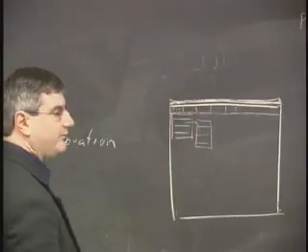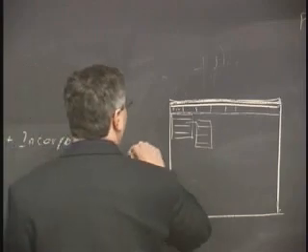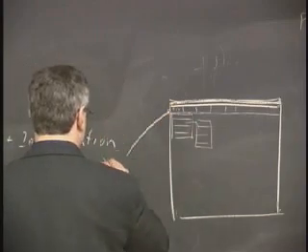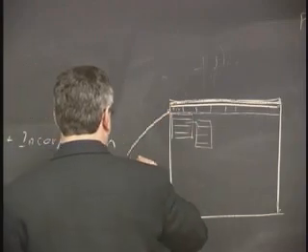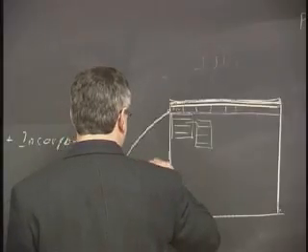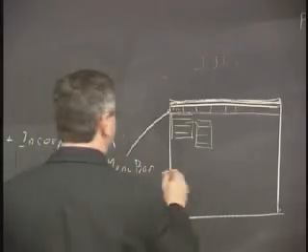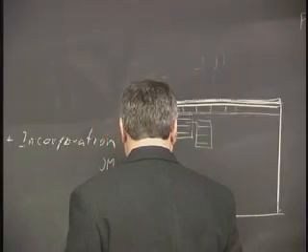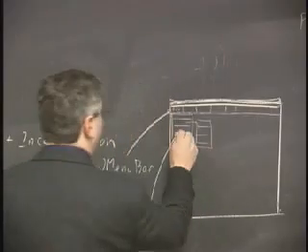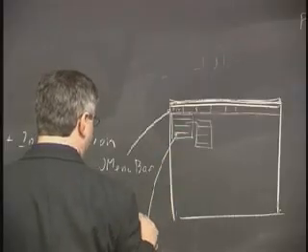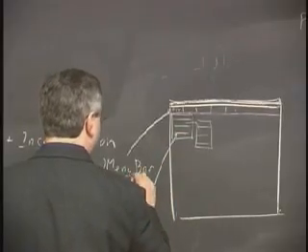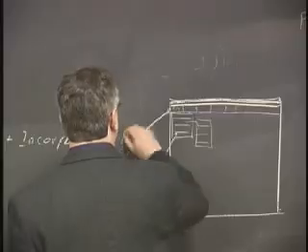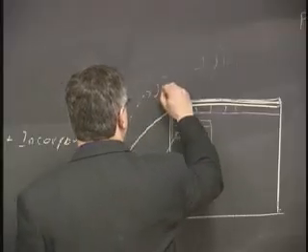So we've got a bunch of things to build. We have to build our menu bar. And then we have to build a bunch of menus. And we have to add the menus to the menu bar. And we have to add the menu bar to the JFrame.